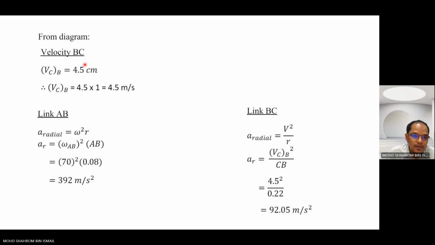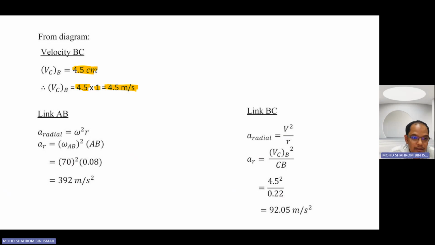So this 4.5 centimeter, we multiply by 1, so you get 4.5 meter per second.